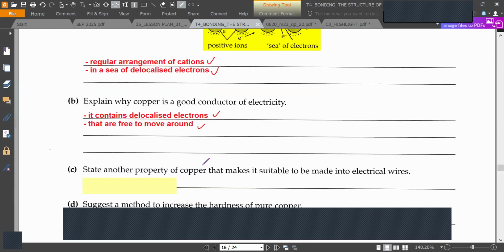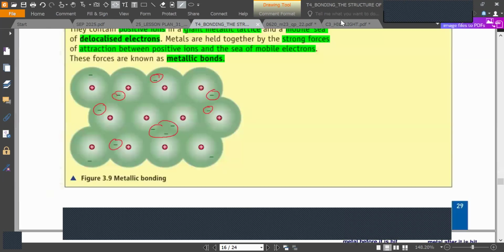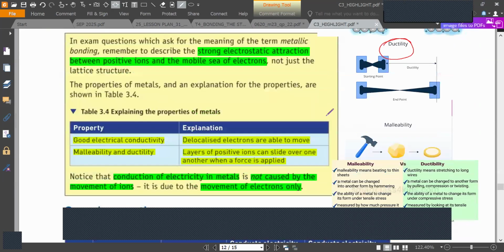Next, another property of copper that makes it suitable to be made into electrical wires. If we want to make it into electrical wires, we need two conditions. First, it must be a good conductor of electricity. Secondly, the property here is ductility.